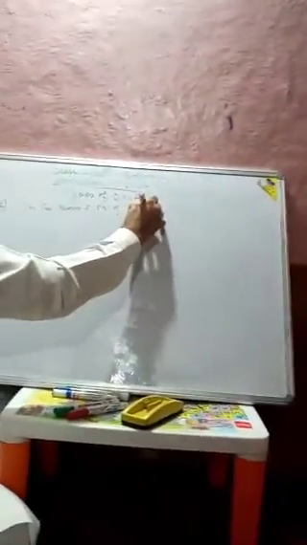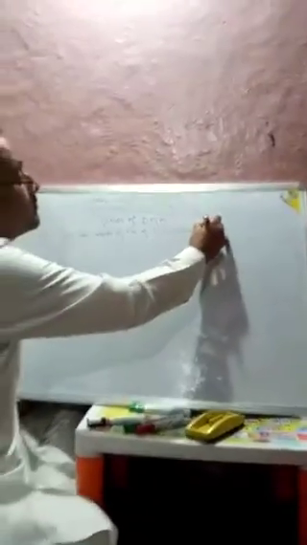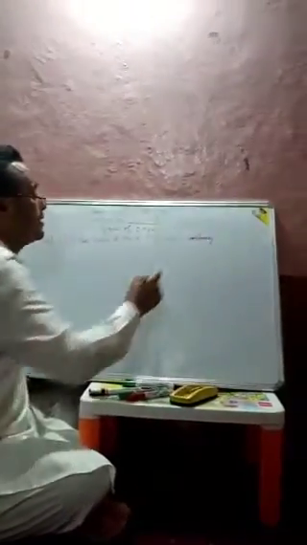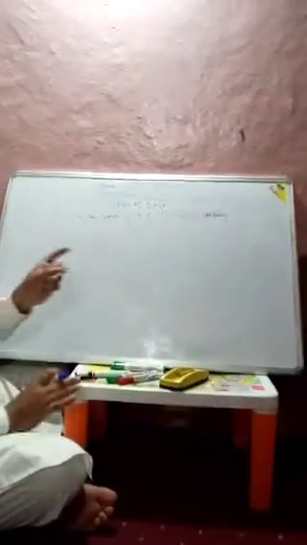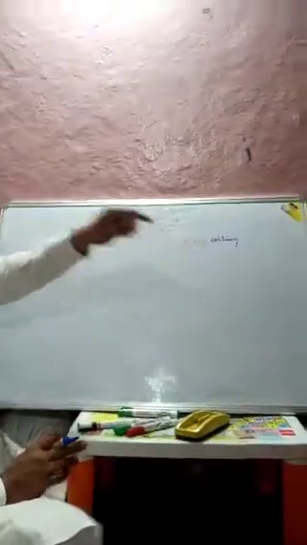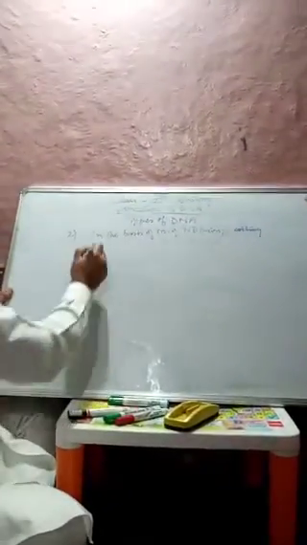Now we have the second, on the basis of number of nitrogen base pairs, comma, and coiling, etc. On the basis of the number of nitrogen bases and the coiling, we have different types of DNA.